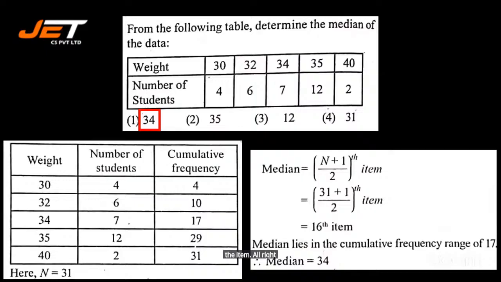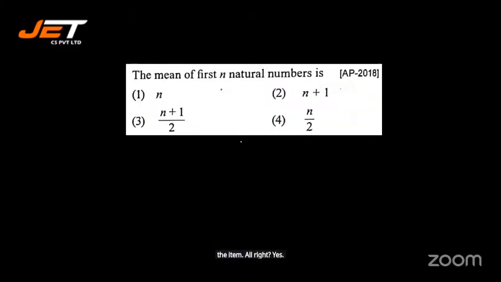All right? Yes. So the mean of first 10 natural numbers is dash. What is the mean of n natural numbers? Is it n, n plus 1, n plus 1 by 2, or n by 2? A very simple question, students. I'm sure you can answer.